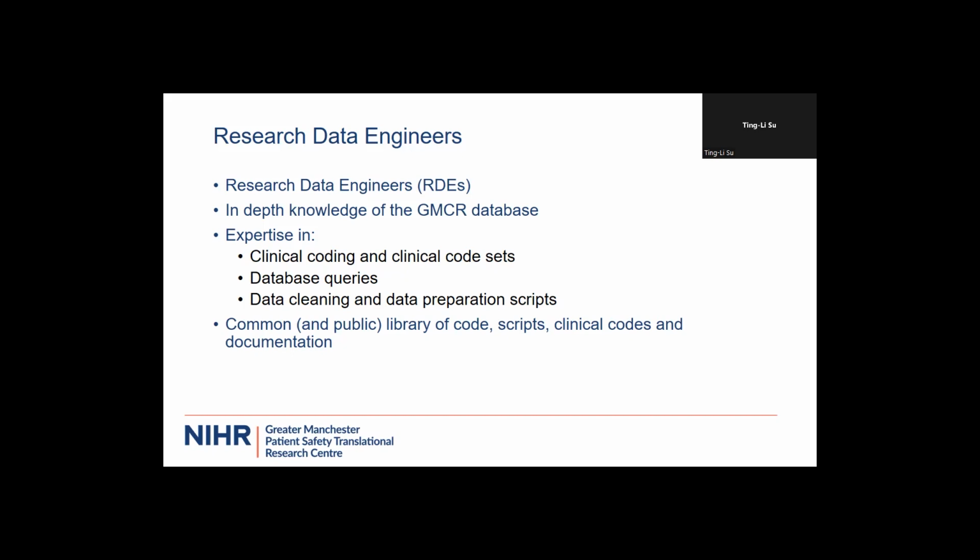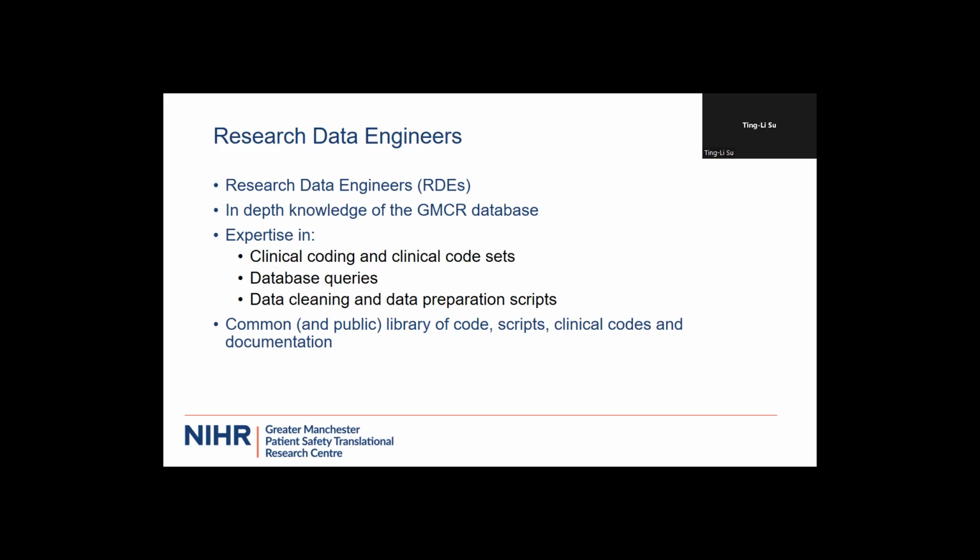So heart failure would cover probably quite a variety of sub-conditions. So you need to make sure that when you create your code list of all the different codes that represent heart failure, that's accurate, because if you make mistakes there, down the line it's potentially going to affect your results. So we have the expertise in how you construct these code sets, how you reuse and share them.